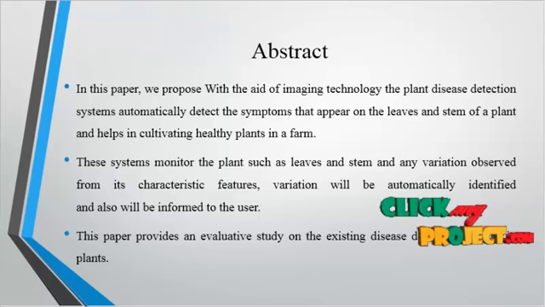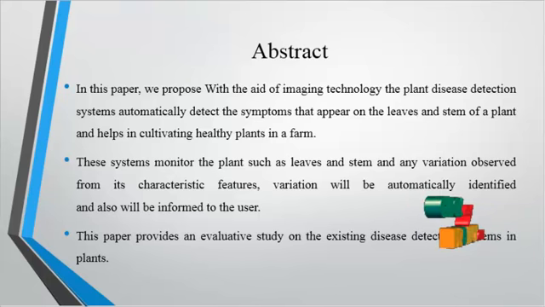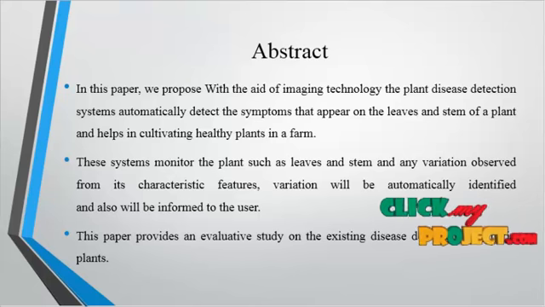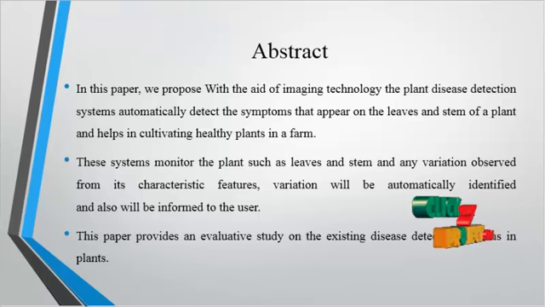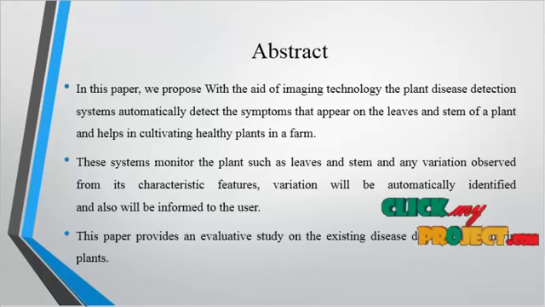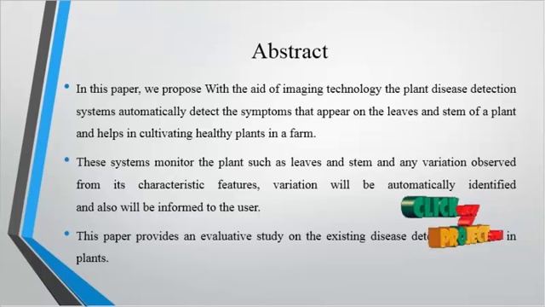This paper provides an evaluative study of the existing disease detection systems, and we have proposed an efficient detection system using the HSV transformation, feature extraction as well as classification.